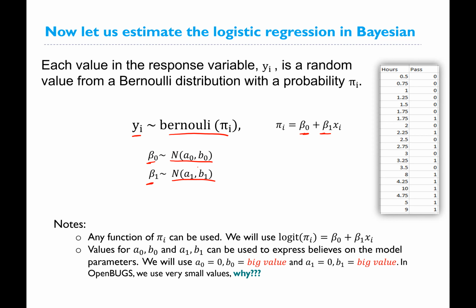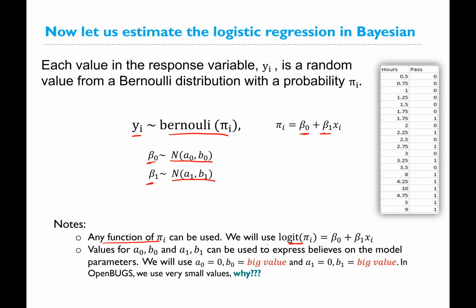What about the values for A0, B0, and A1, B1? I can use any values based on the information available. Maybe there is some information available, maybe there is none. Any function of pi can actually be used. It's not only logit pi i.